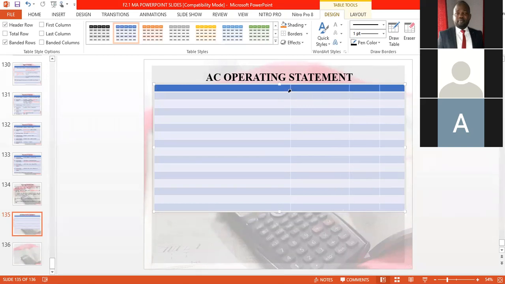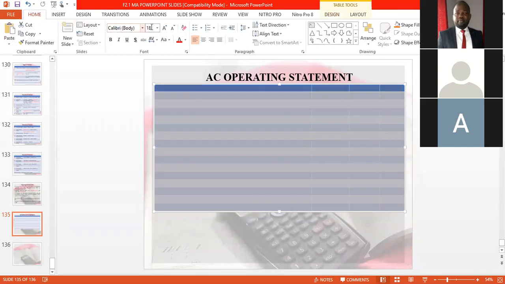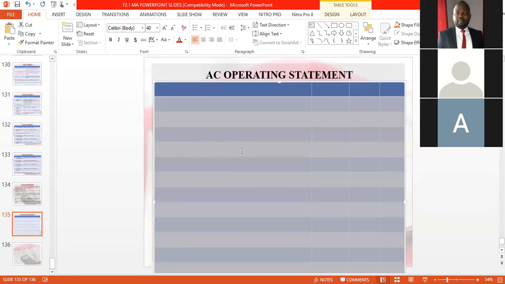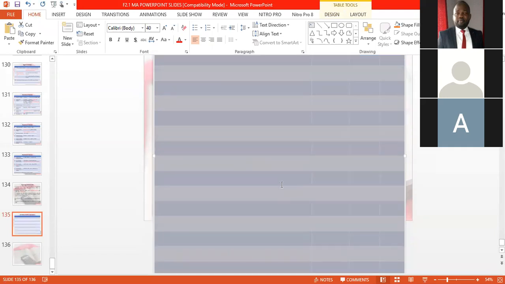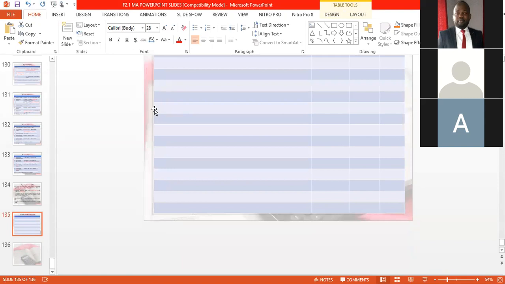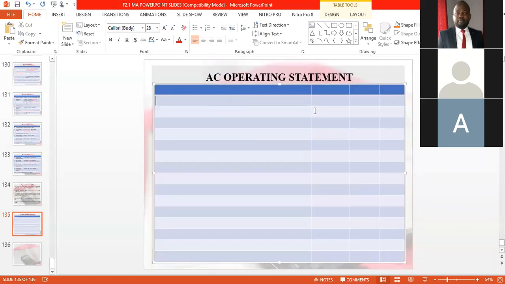So we are starting with the AC operating statement.